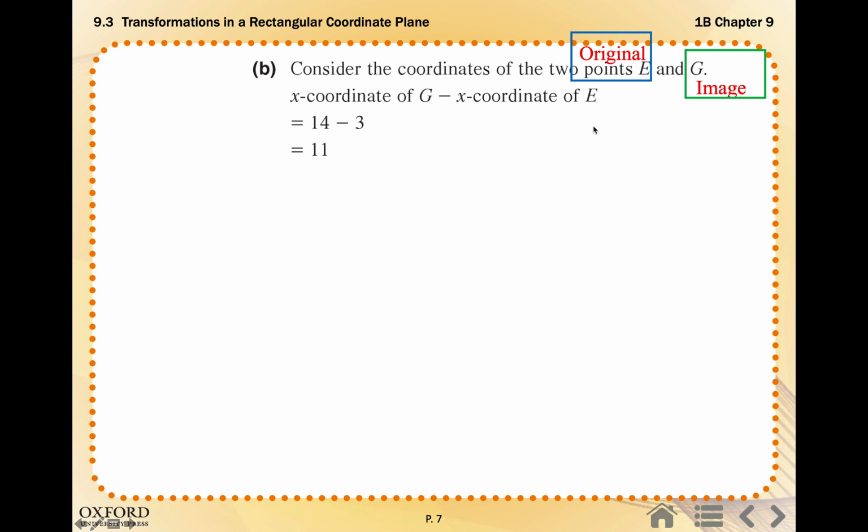Then I find the distance between them, that is 11, and it is only for the difference of their x coordinates. That means the movement to the left or right. If it is positive, that means the movement is to the right hand side, because positive means plus. That means the translation to the right for 11 units.